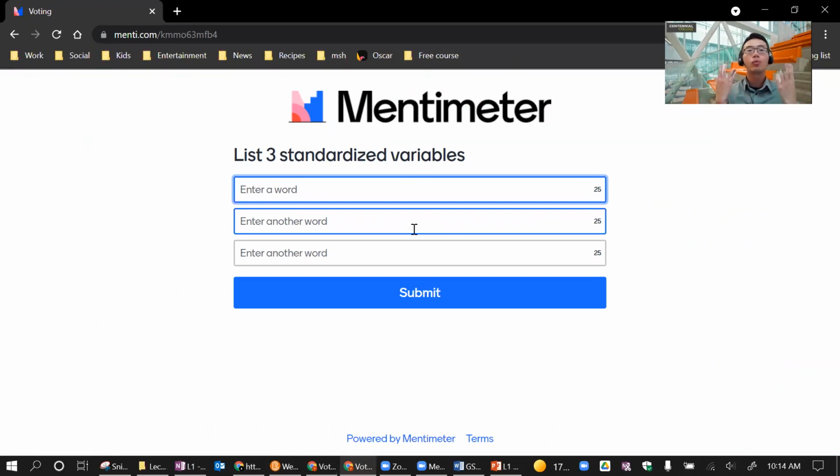So I want to know 3 of those standardized variables for the cows. Okay, good. I have some answers here.